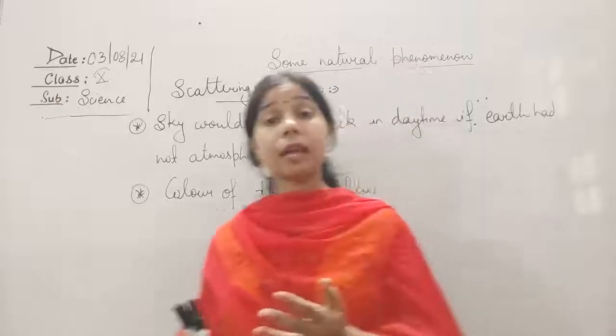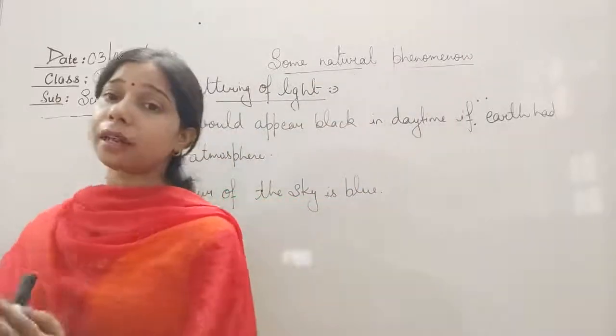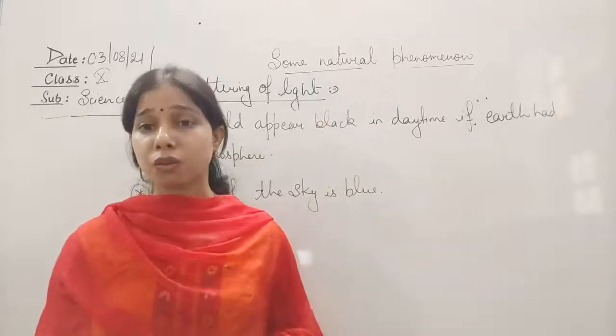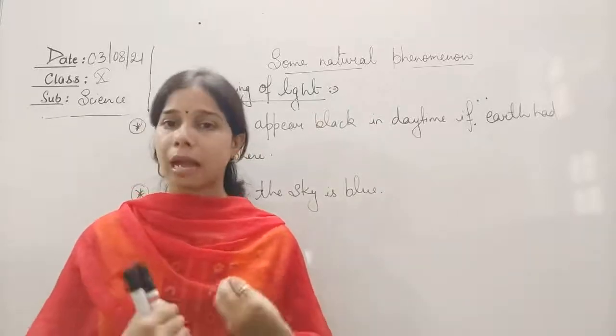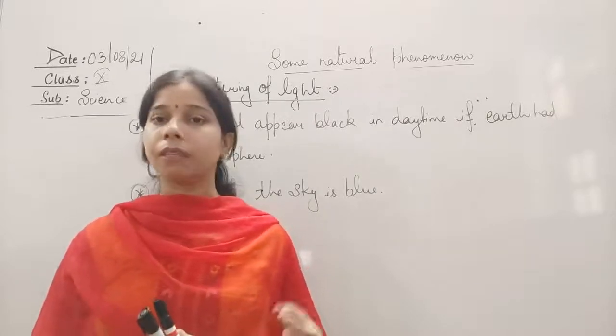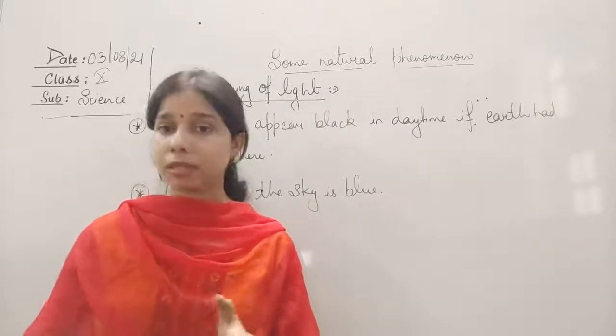Now we are saying that the intensity of scattering of light depends upon the wavelength. So red has the larger wavelength, so it has very little scattering power, while violet has a very small wavelength, so it has more scattering power.